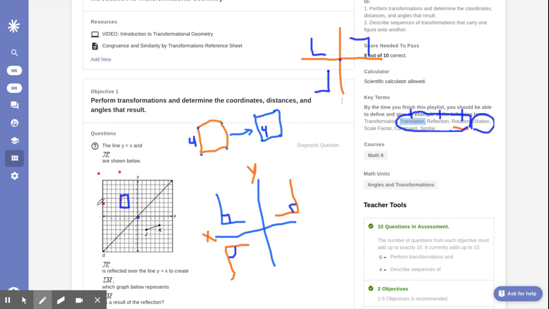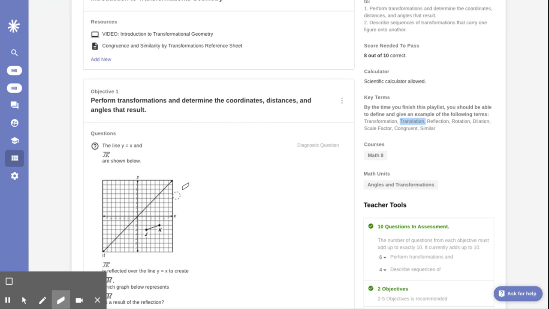So it's going to be over here. Okay, but anyways, the shape did grow, and it grew at a scale factor, meaning we enlarged everything. So to figure that out, we're looking at what did we multiply or what did we divide by?